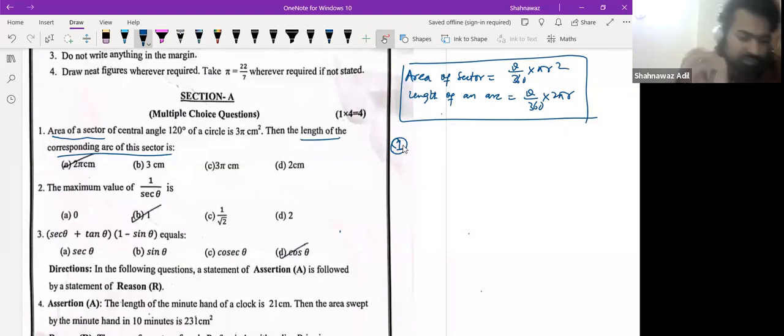So they have said 3 pi, right? In pi, should we put 3.14 or should we put 22/7? We have to keep pi as pi, because all the answers are in pi.